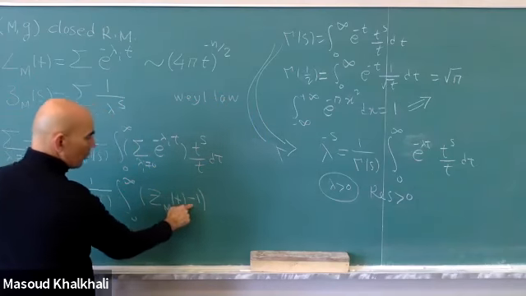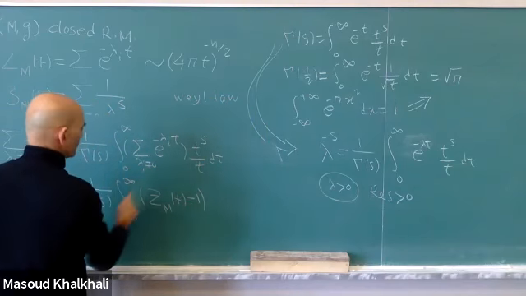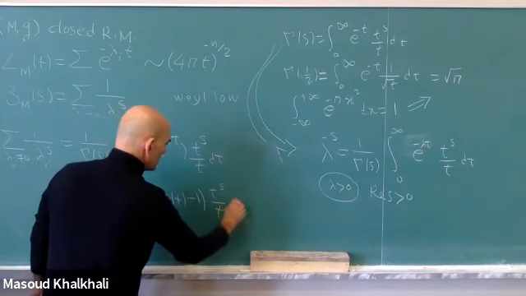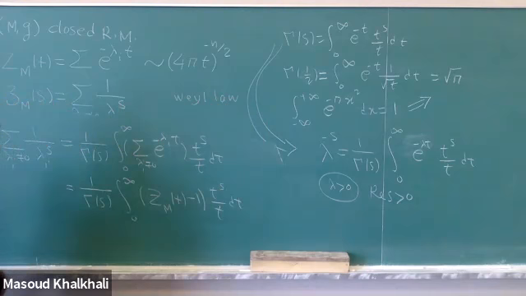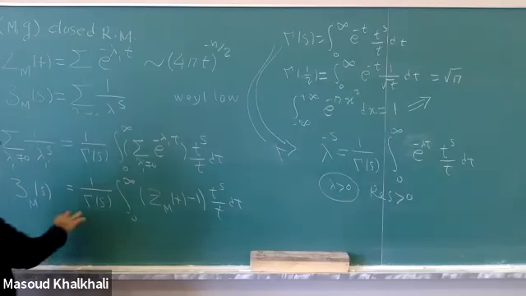This is very important. You have to subtract; if you don't subtract, even the integral is not defined. Then this is t to the s over t dt, and that's the spectral zeta function. So we have this formula so far.